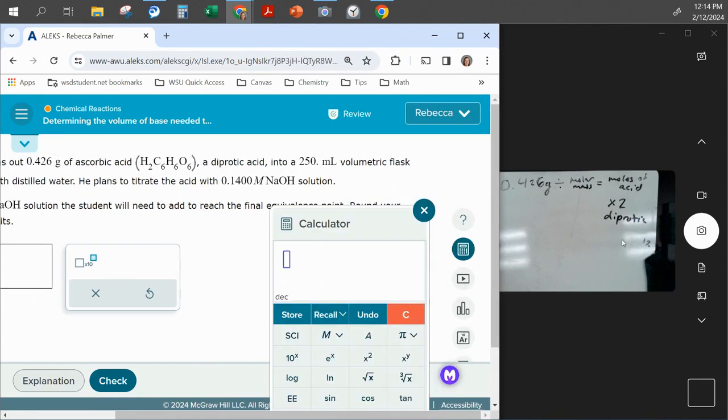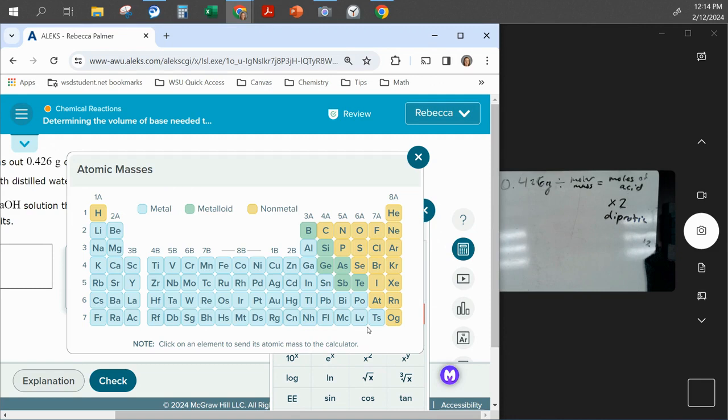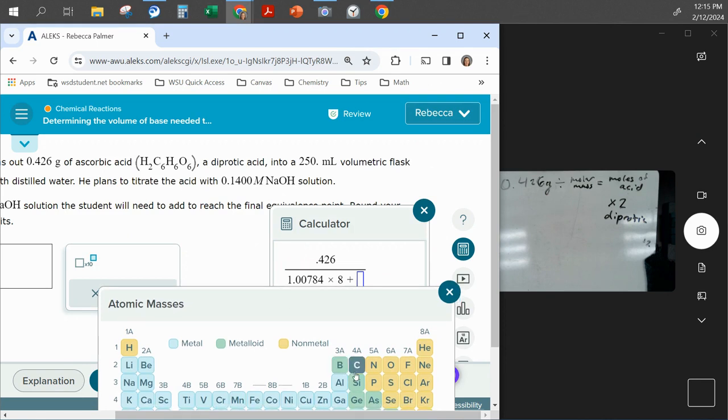So moles of acid, 0.426 divided by the molar mass. So this one, we've got 8 hydrogens. Hydrogen times 8 plus carbon times 6 of those plus 6 times oxygen.